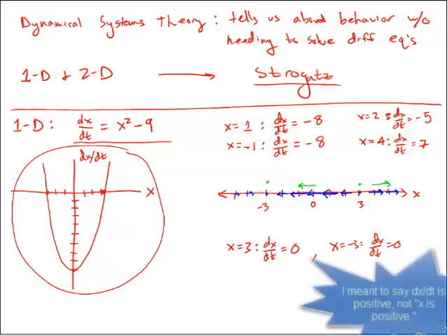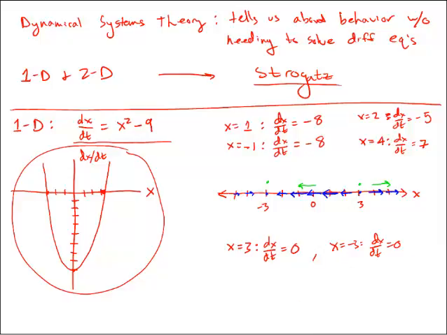And when x is less than minus 3, dx/dt is positive again, so x moves to the right. And you could get a pretty good idea of the picture. And the last thing I would tell you is that at minus 3 and at plus 3, dx/dt is 0. So if x is minus 3 or x is 3, there won't be any push on x, and x will stay exactly where it is.